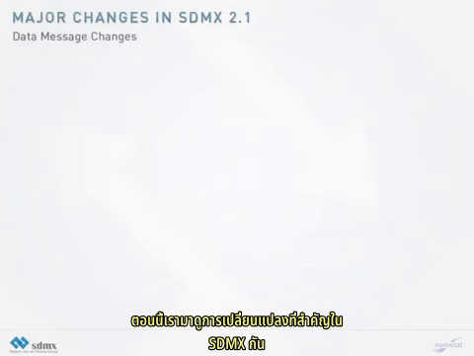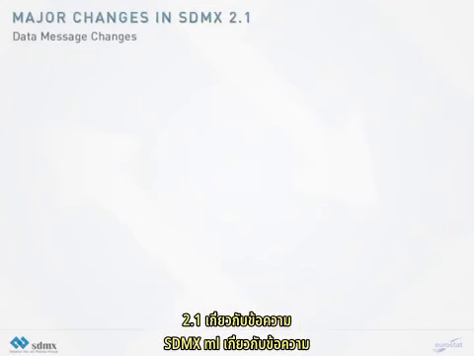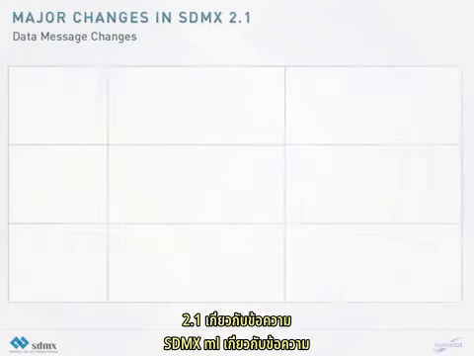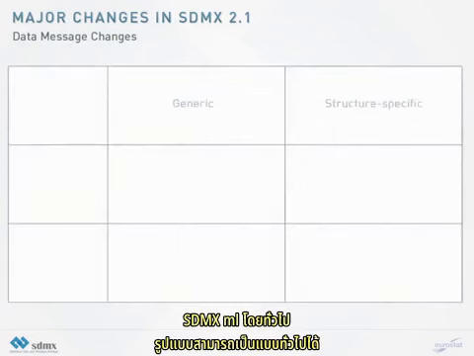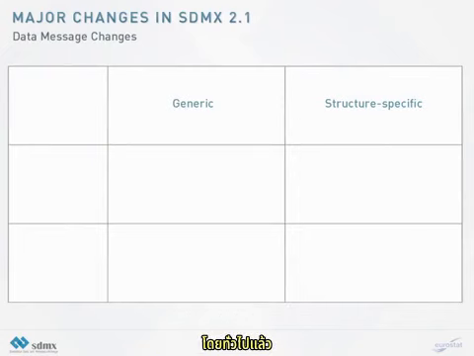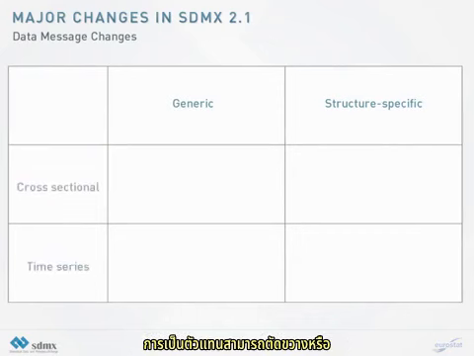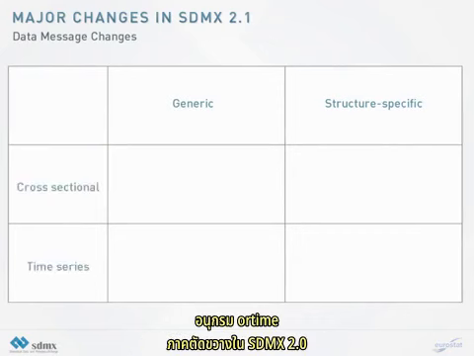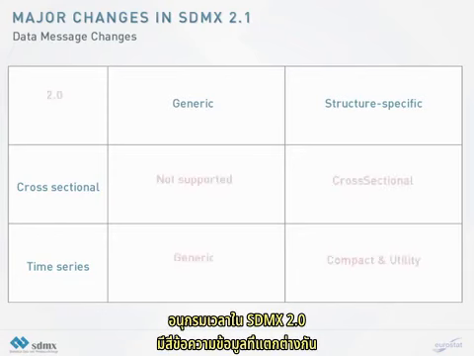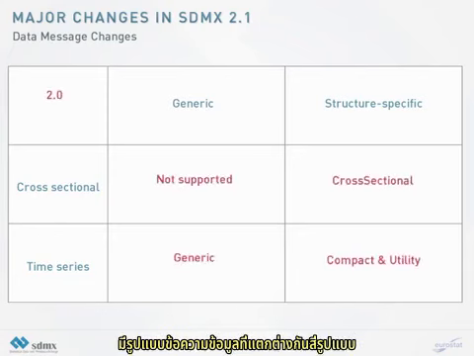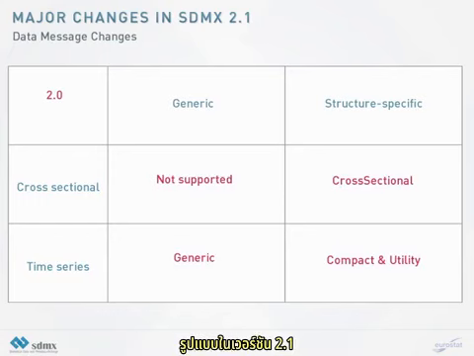Now, let's see the major changes in SDMX 2.1 concerning the SDMX-ML messages. In general, the formats can be generic or specific to a data structure definition. The representation can be cross-sectional or time series. In SDMX 2.0, there were 4 distinct data message formats.